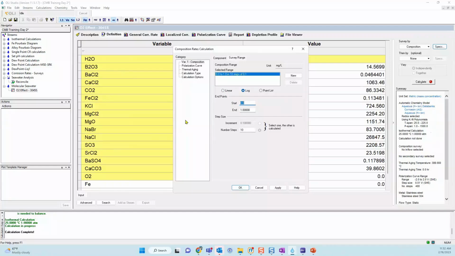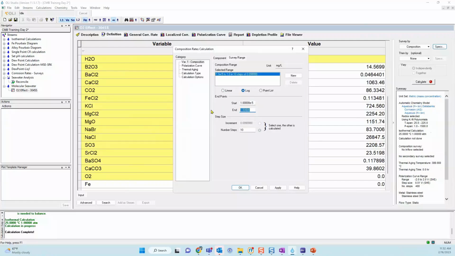And I think 1 part per trillion is good. This is in milligrams per liter, so we can do 10 to the minus 5 milligrams per liter. And then we can go up to 10 ppm.